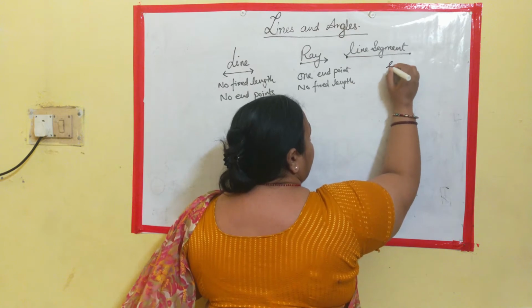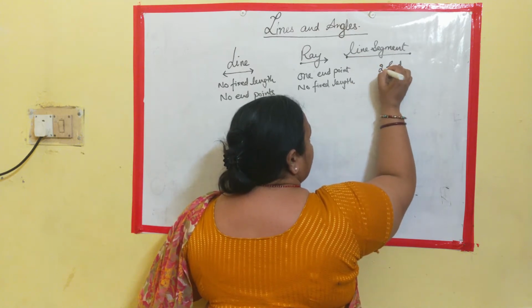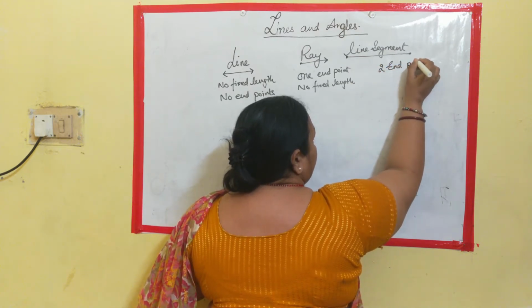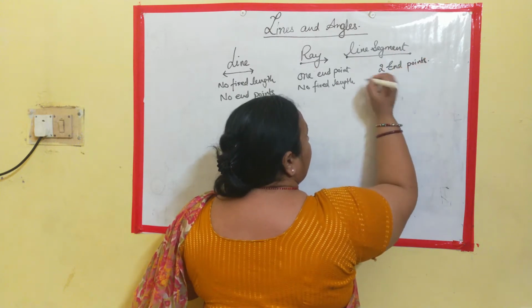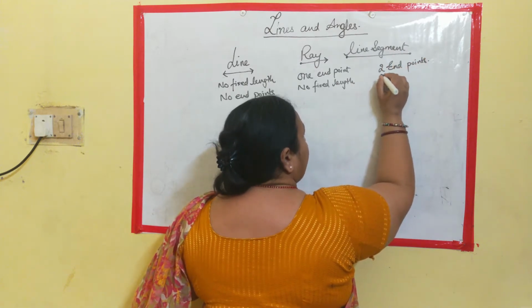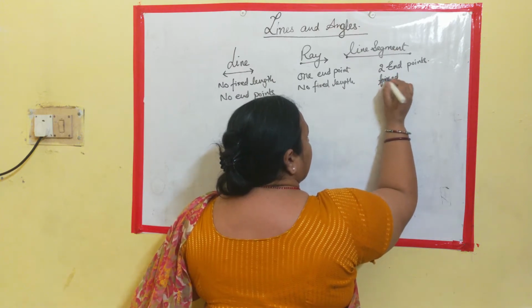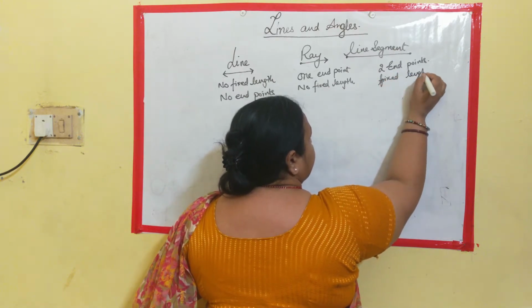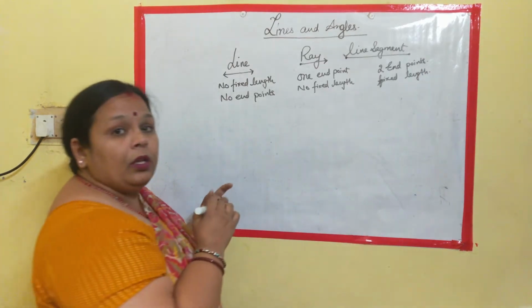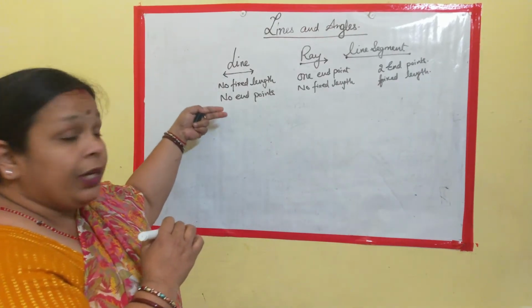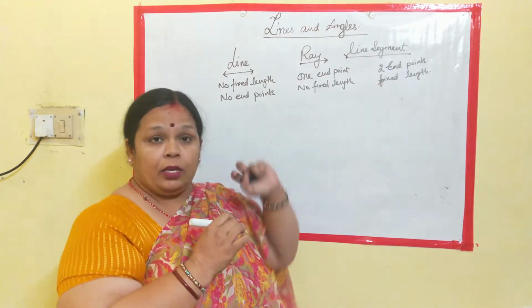Clear? So it has 2 end points and it does have a fixed length. Clear?